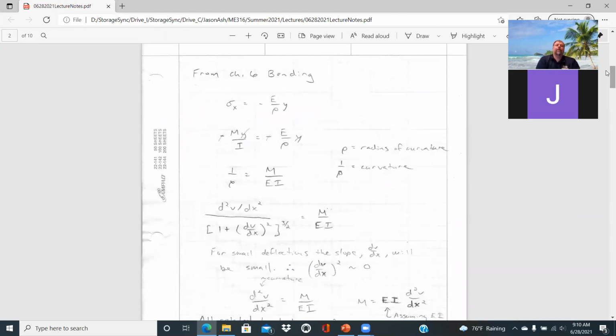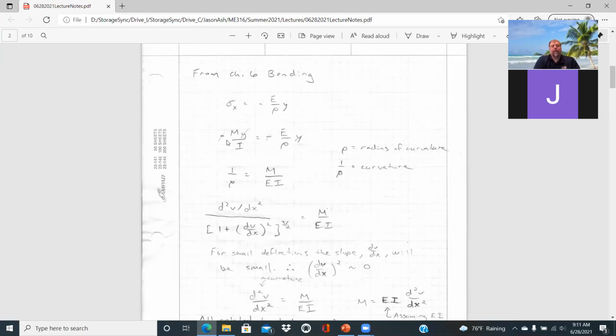And then from chapter 6 for beam bending, you have sigma x is equal to minus E over rho times y, where y is that position with respect to the neutral axis of the beam.